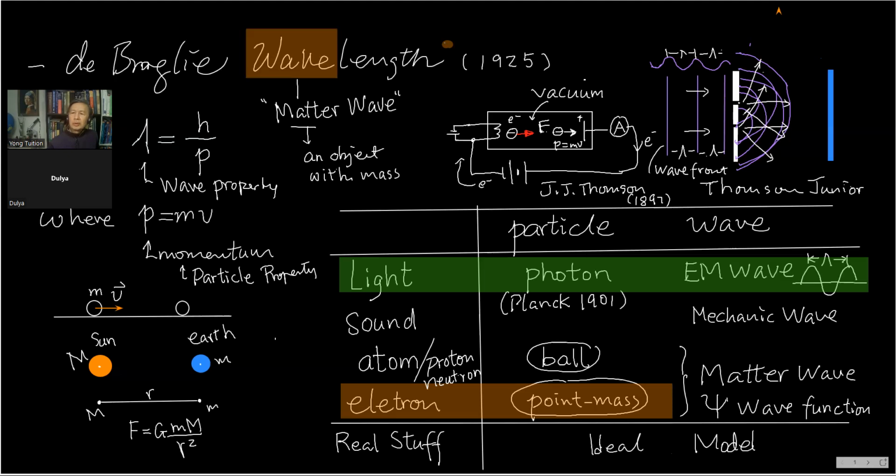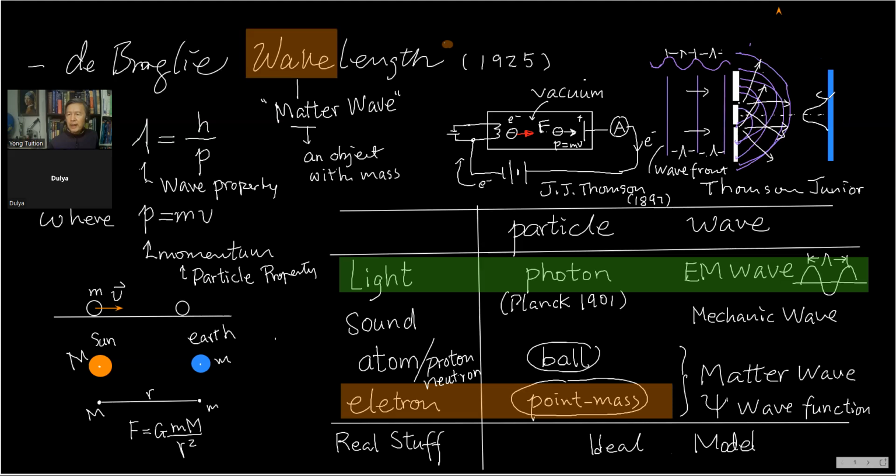Do you remember what would be the result on the screen? You get bright and dark fringes, right? If you use intensity, you get the brightest at the center.